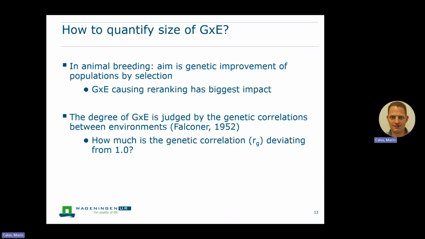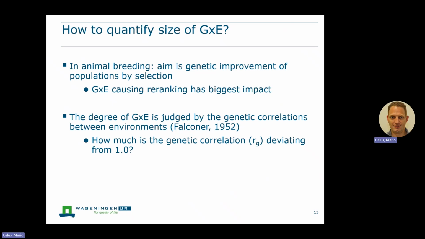So how do we quantify the size of the G/E? I said it already that the most important parameter to look at is the genetic correlation between 2 different environments. And that's already coined something like 70 years ago, that this is the way to look at this, by Falconer.